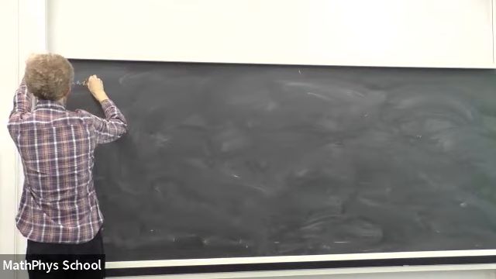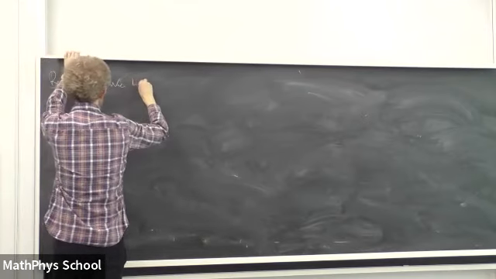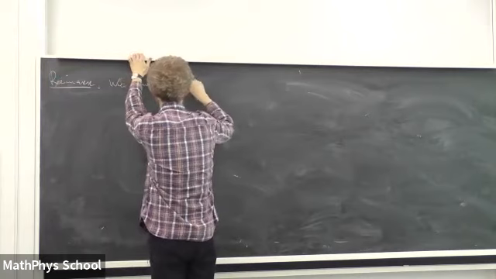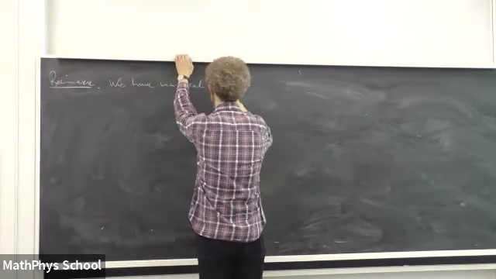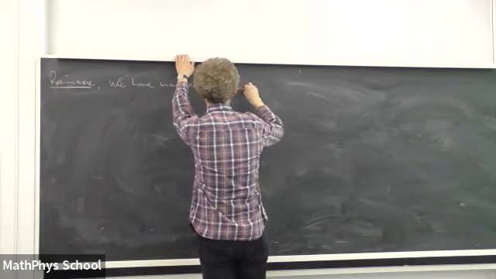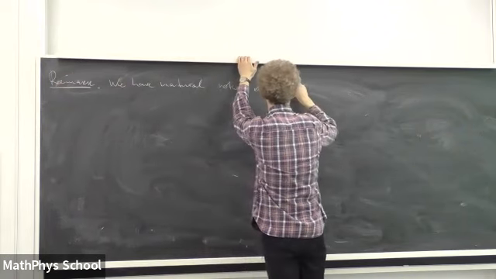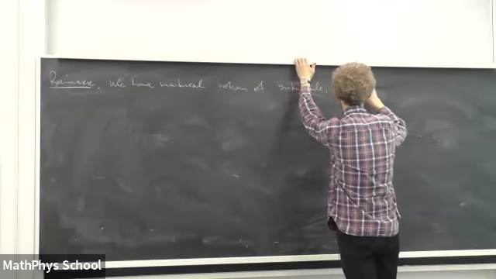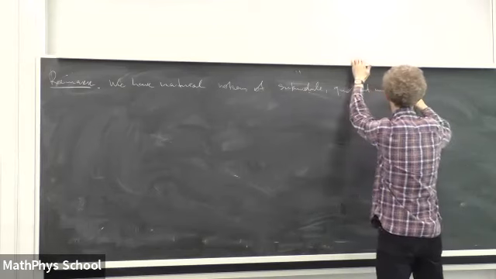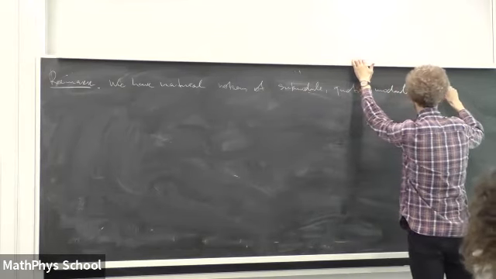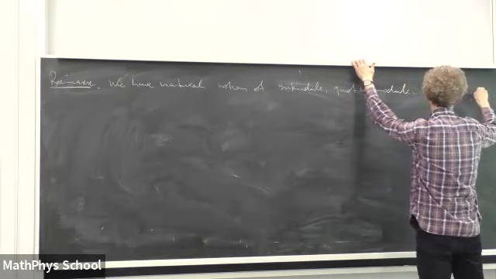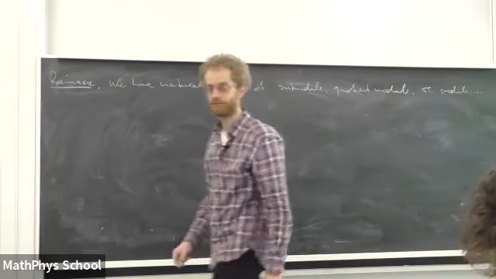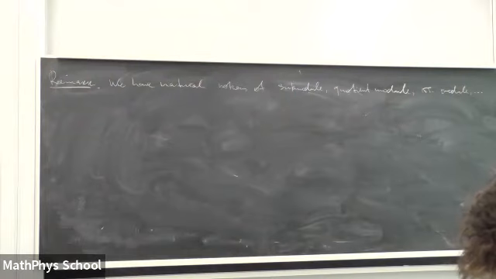So remark. So we have natural notions of submodule, quotient module, irreducible module, etc. Yes, so since we are given operators acting in our space, then it's clear what it means to have a submodule or a quotient module or whatever.